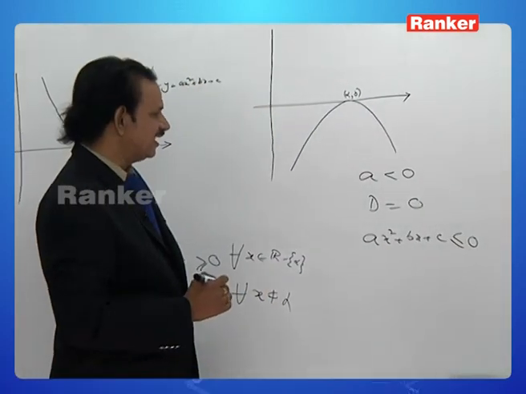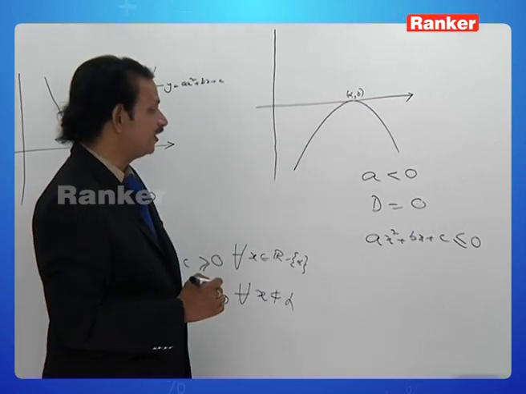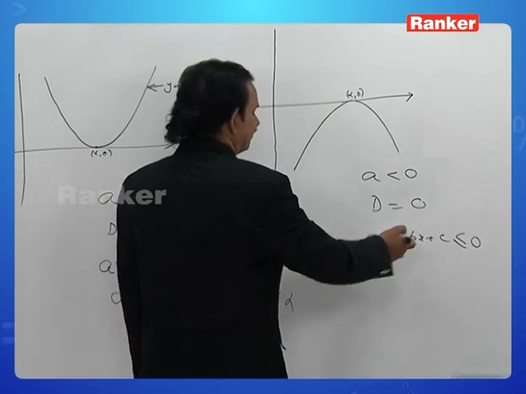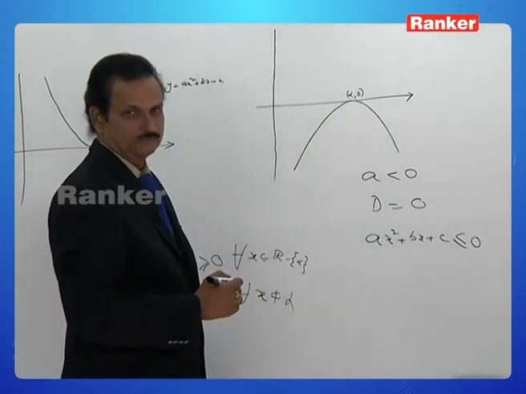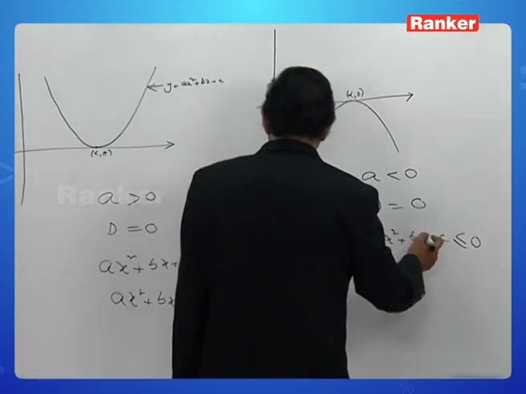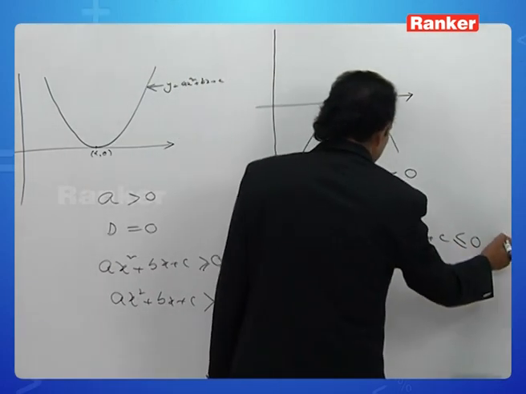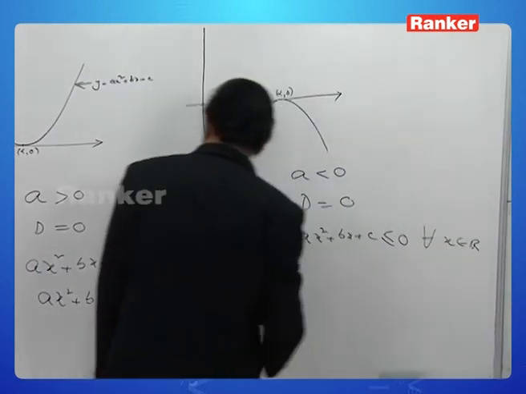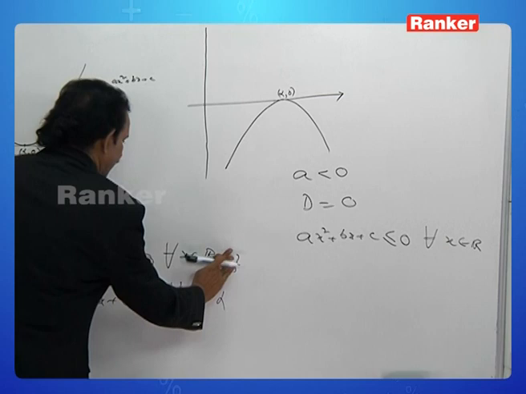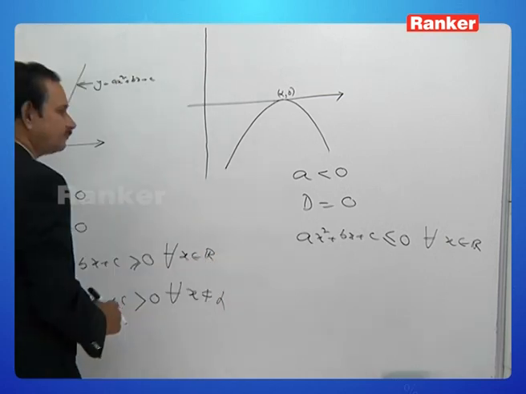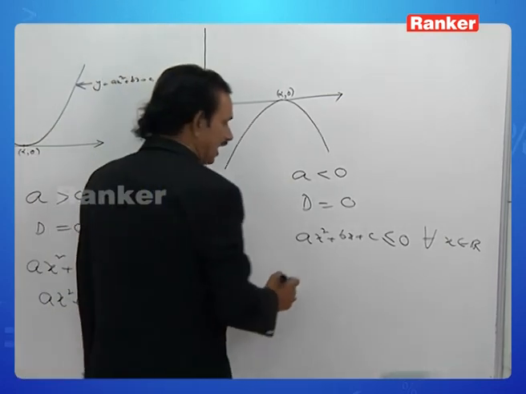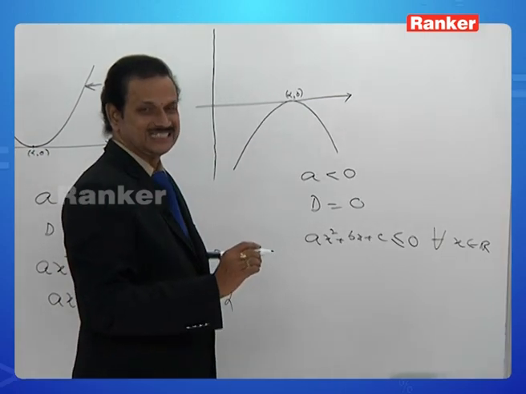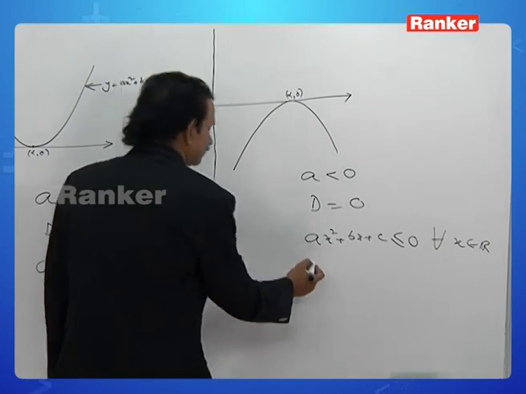Okay, why should we write less than or equal to 0? Why don't we write less than 0 exactly? There is a point alpha at which the expression becomes 0. Therefore, ax square plus bx plus c is less than or equal to 0 for all x belongs to R. Here also, as in the previous case, we need not write like this, for all x belongs to R. And if you want to say ax square plus bx plus c is exactly less than 0, then what happens?